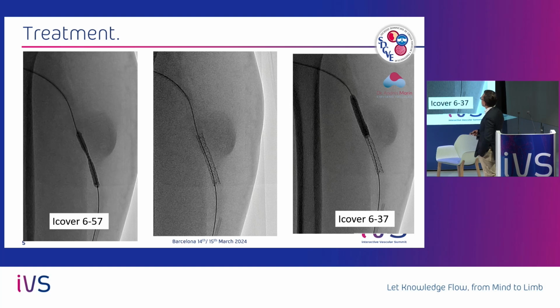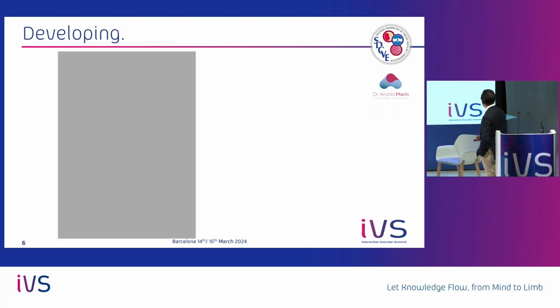The deployment of the stent, and this is the result. In this proximal part, I probably needed to cover with another stent, and maybe this could be solved with angioplasty with a bigger balloon, I thought.